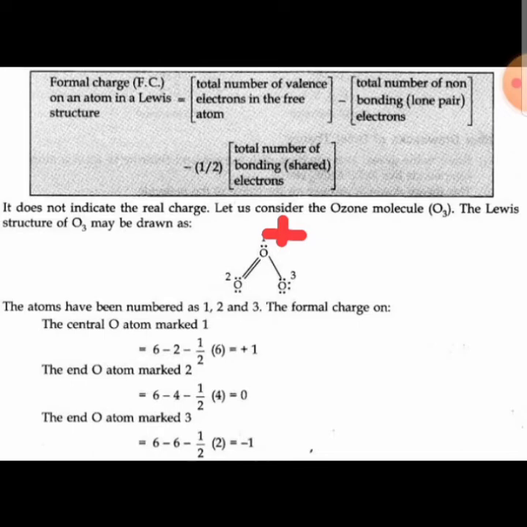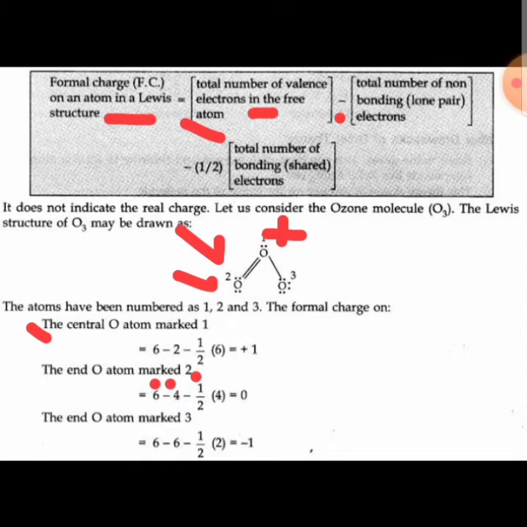Let us calculate the formal charge on the second oxygen atom of ozone. According to the formula, formal charge is equal to the total number of valence electrons in oxygen, 6, minus the lone pair electrons on the oxygen. You can find 4 electrons in the form of lone pairs, minus half into bonding electrons.